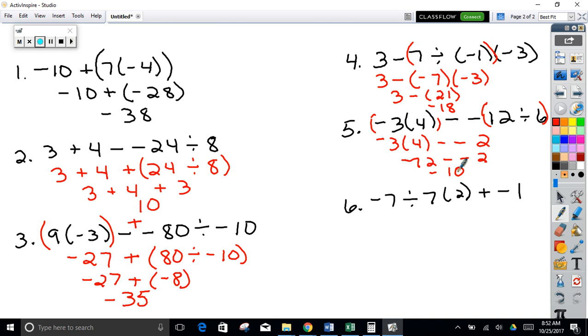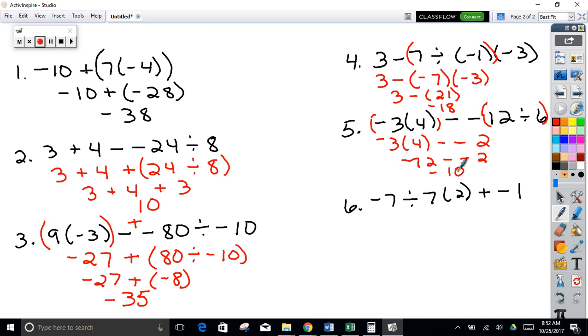Negative 7 divided by 7 plus 1. Okay, so if you did negative 7 divided by 14, you wouldn't have gotten an answer of negative 3 because negative 7 divided by 14 would be negative 1/2, plus negative 1 would actually be negative 1 and 1/2. Now, when you multiply or divide, Eli, you have to go from left to right.